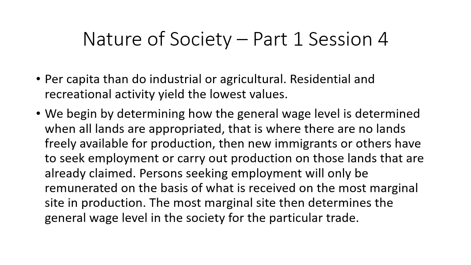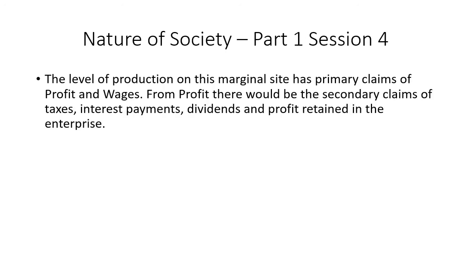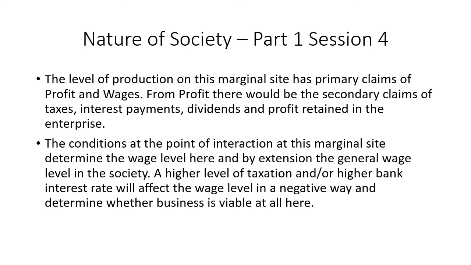The most marginal site then determines the general wage level in the society for the particular trade. The level of production on this marginal site has primary claims of profit and wages. From profit, there would be the secondary claims of taxes, interest payments, dividends, and profit retained in the enterprise. The condition at the point of interaction at this marginal site determines the wage level here, and by extension, the general wage level in the society.